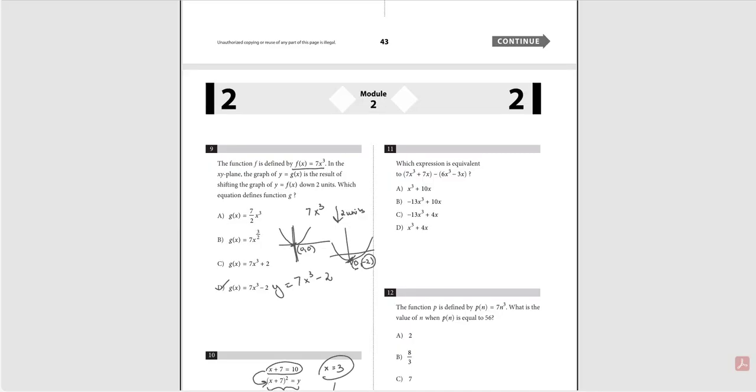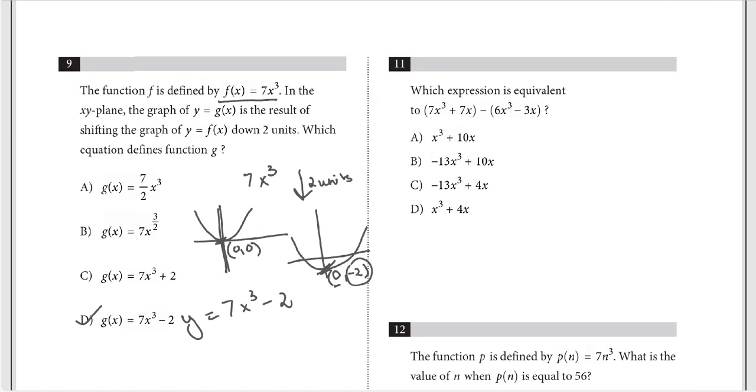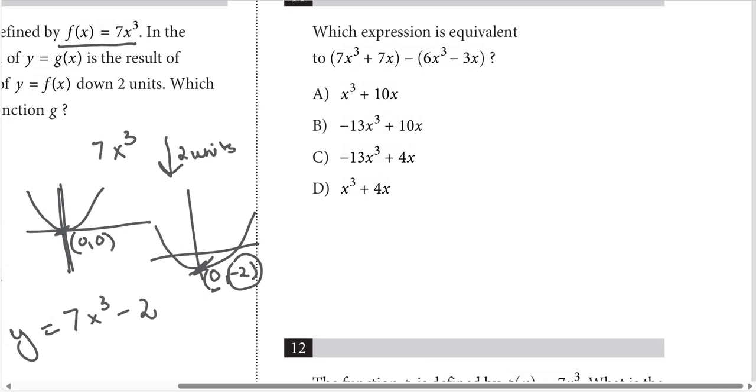Looking at 11th question. Which expression is equivalent to this? So really easy. There are two rules applied to this. One is of BEDMAS, how to open the bracket, and second one would be how to subtract or add something, different exponents with different powers.